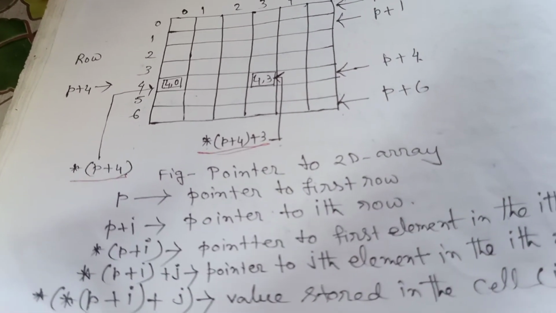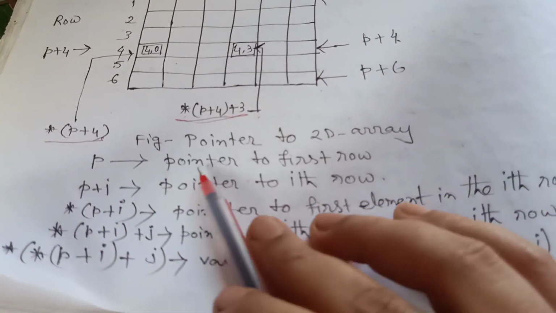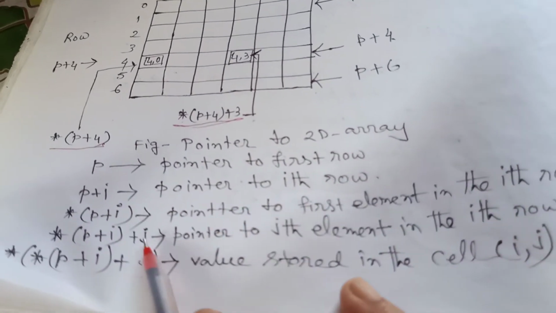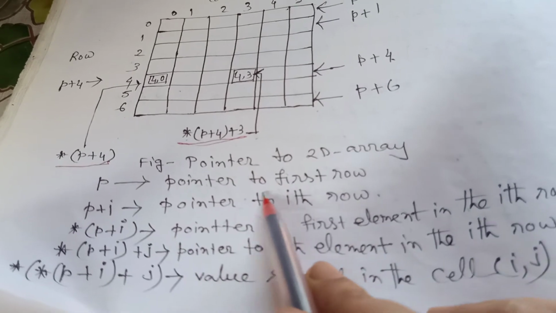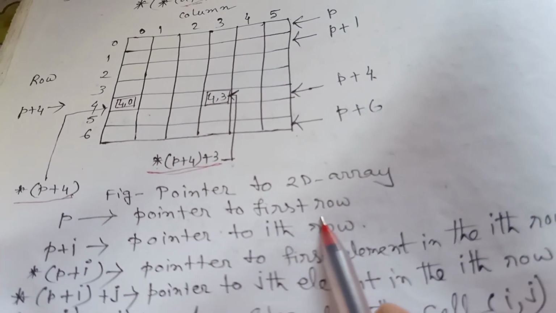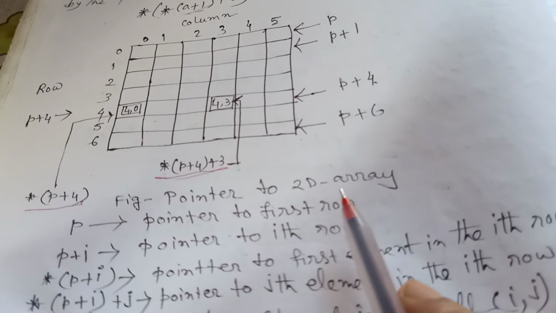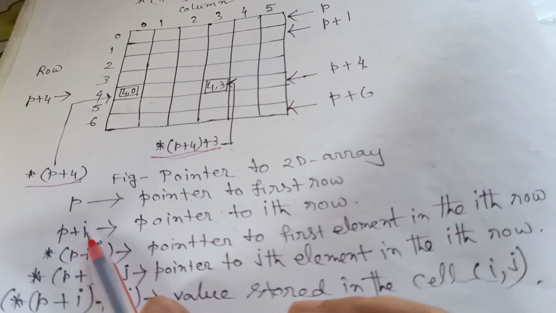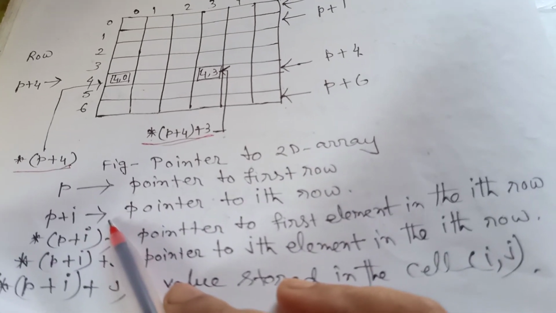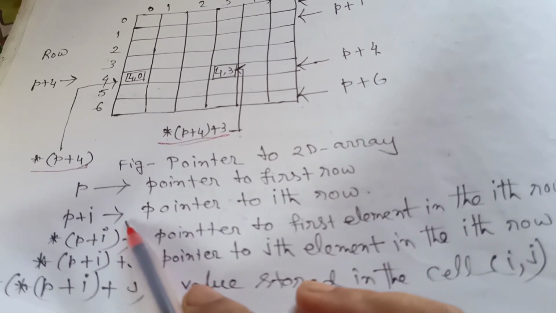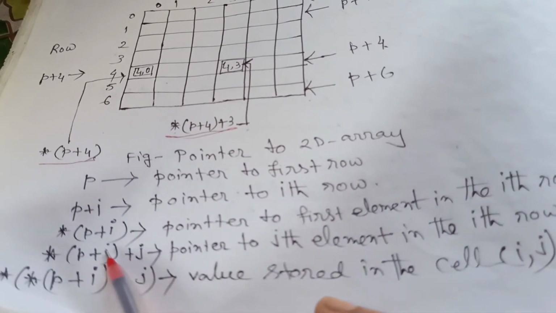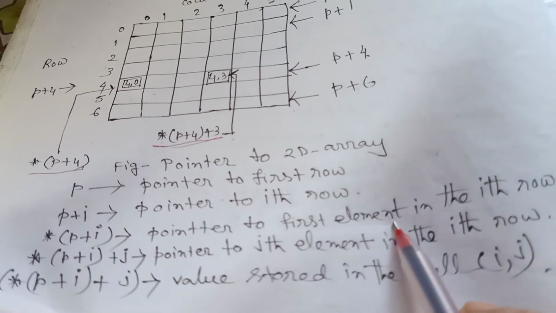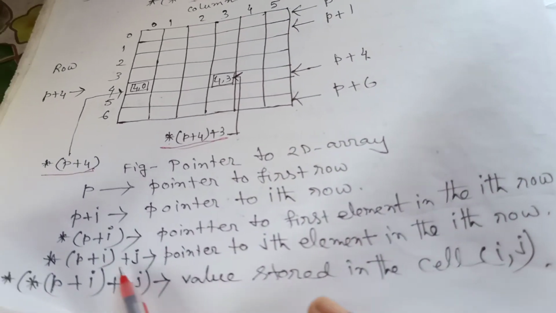Okay, now the pointer p is used for the first row, and p plus i for the ith row. First row is p because the value of i there is 0. P plus i for the ith row. So pointer p plus i is the pointer to the first element of the ith row.